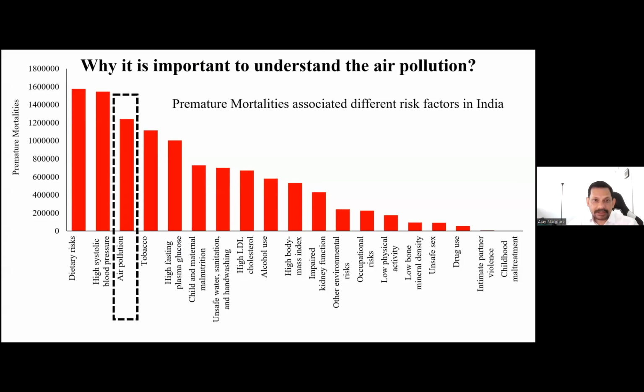So what is the situation of air pollution in India? Air pollution is the third largest risk factor for premature mortalities in India, after the dietary risk and high blood pressure. And approximately 1.6 million people die because of this air pollution. We are all aware of these numbers.